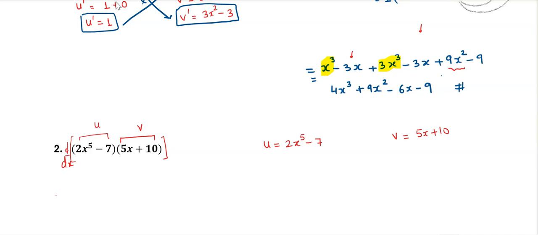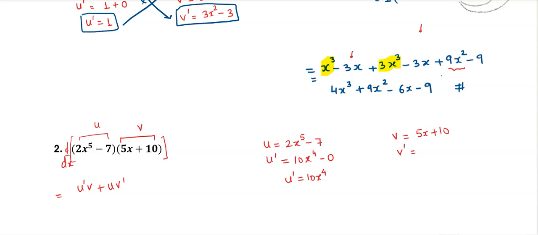So what does the rule say? u dash v plus u v dash. So find the derivatives. u dash: 2 times 5, 10x power 4, minus derivative of 7 is 0. So it gives you 10x power 4. Okay.